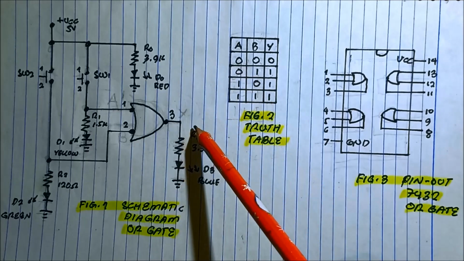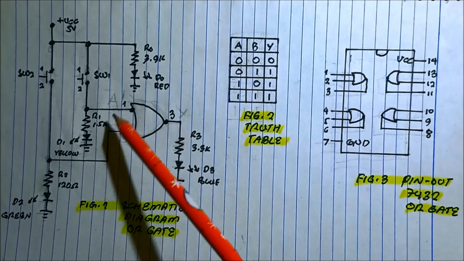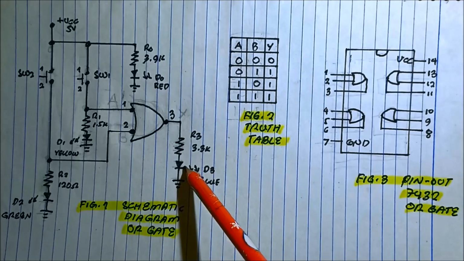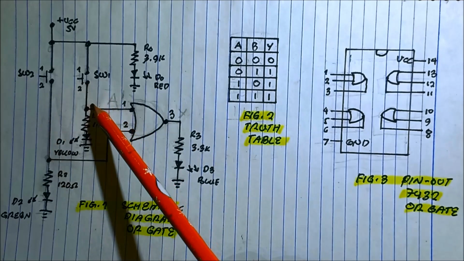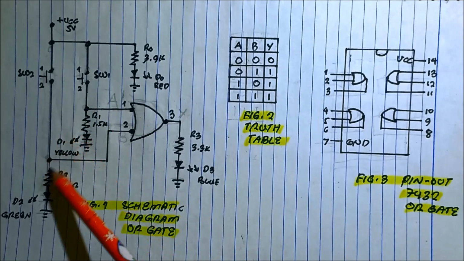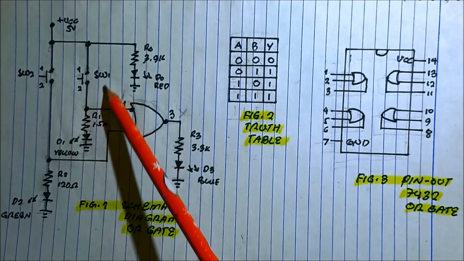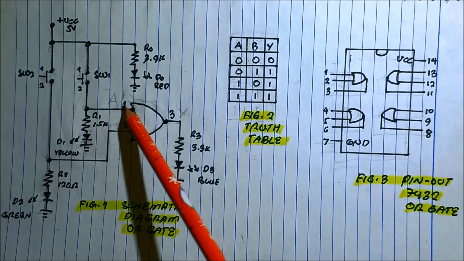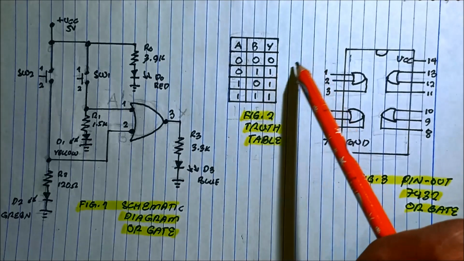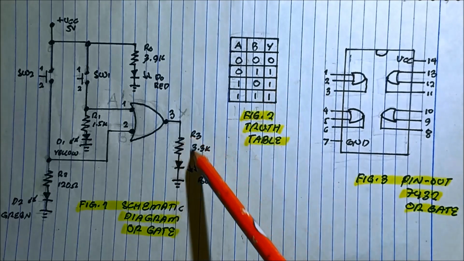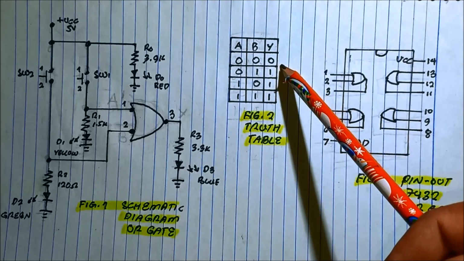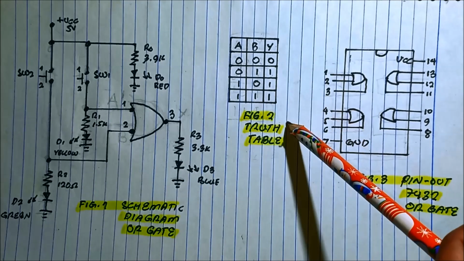So when we have 2 switches and we need to know the result of the output, whenever at least one of the input switches is on, it will produce an output of 1, or it will turn on the output. You can see it in the truth table.